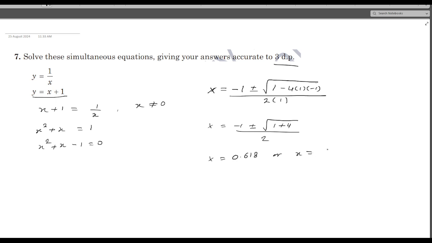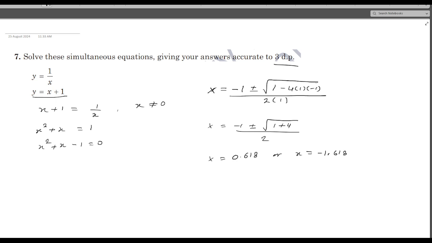So the other answer is minus 1.618. So your 0.618 or minus 1.618, these are the two results for this particular question.